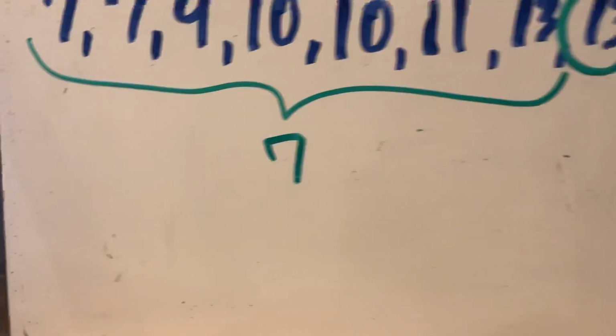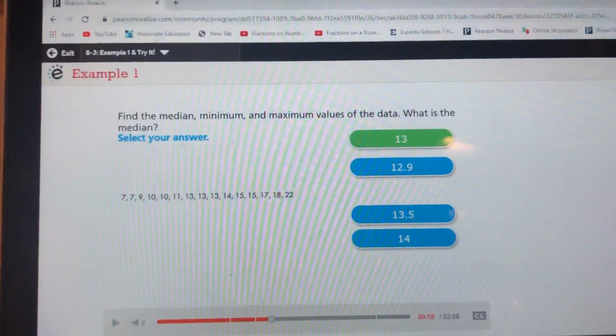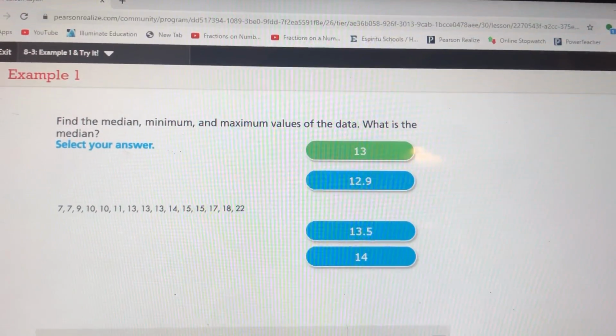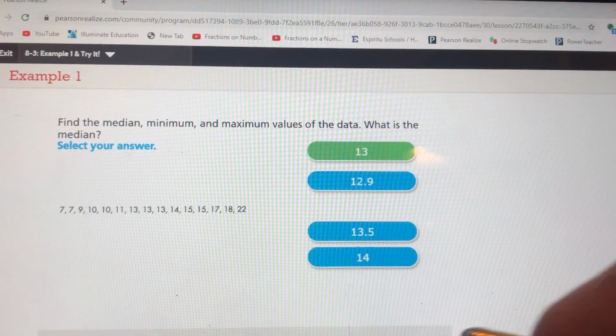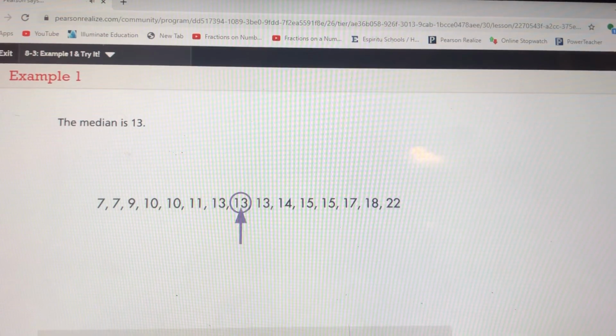This group has 7, this group has 7. So that clearly tells you that your median is 13.